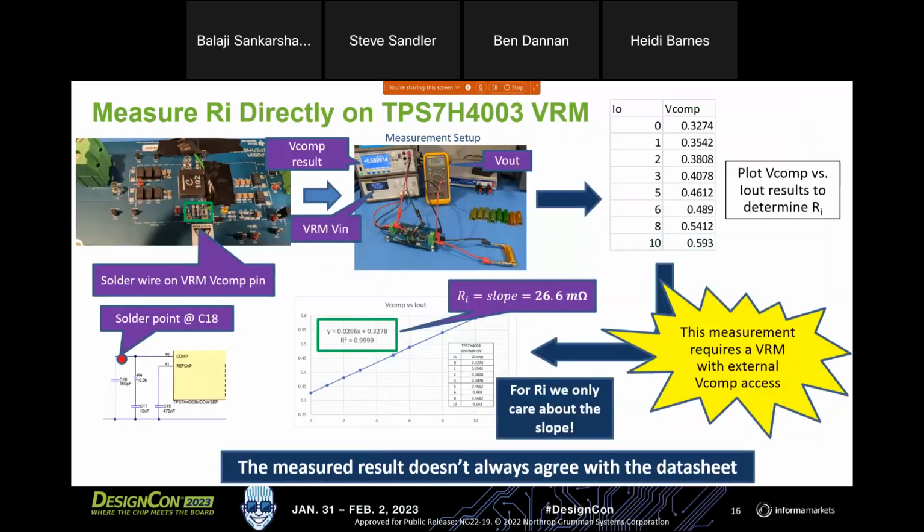As Steve and even Heidi touched on, there are really two main parameters you need to characterize what we call the plant. I'll show you a depiction of that in just a second. Those two parameters to characterize the overall gain of the plant are RI and VRAMP. To start with measuring or characterizing your RI, all you need to do is measure VComp versus I out.